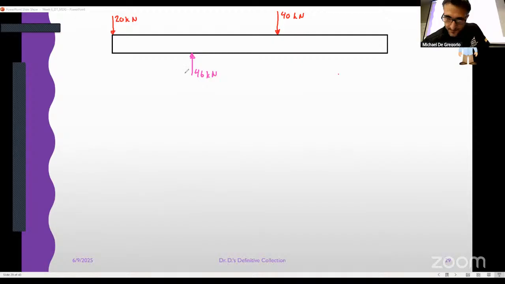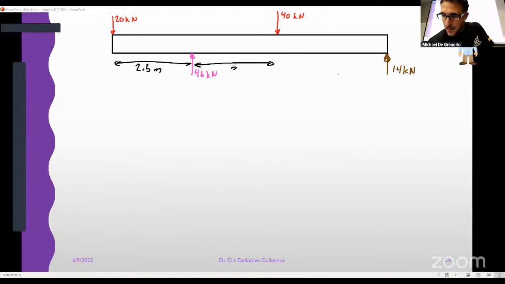46 kilonewton. 14 kilonewton. I'm going to put my distances on here. Okay, I've got everything that I need.